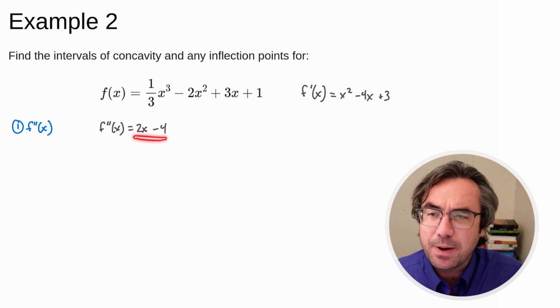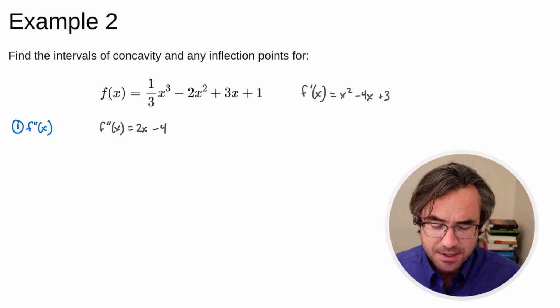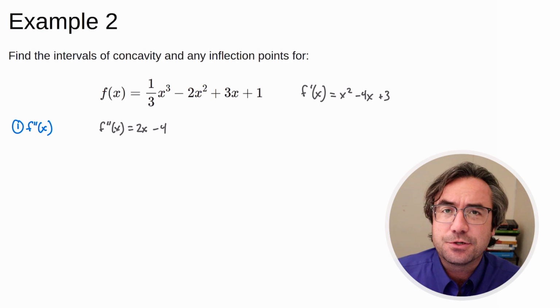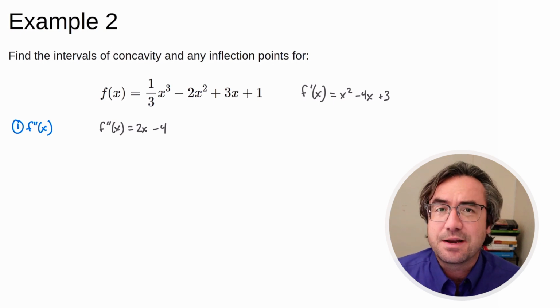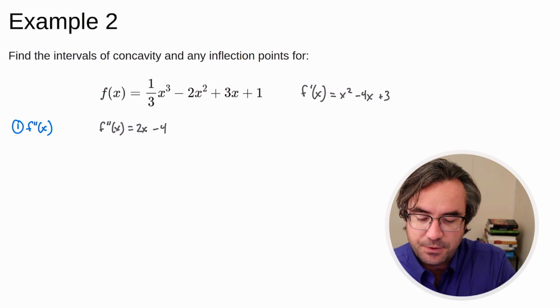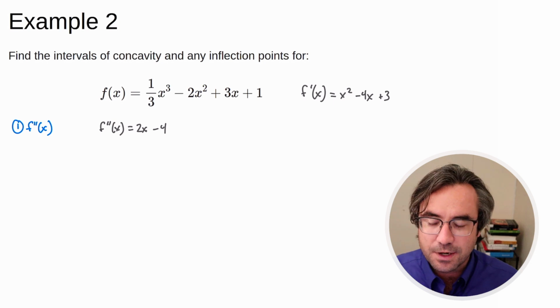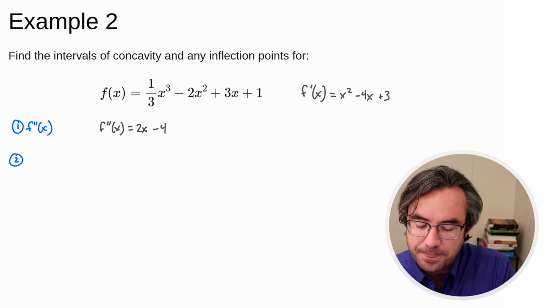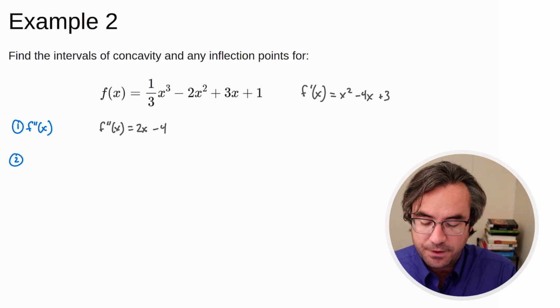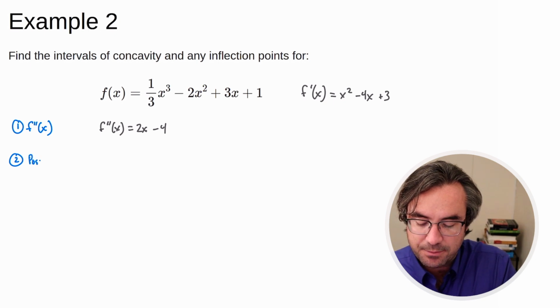And if there were some higher powers of x, we'd want to try to factor this. But this is already a linear term, so we don't really need to factor it any further. All right, so we've got our second derivative. It's pretty much already factored for us. So now what we want to do is look for these possible inflection numbers.